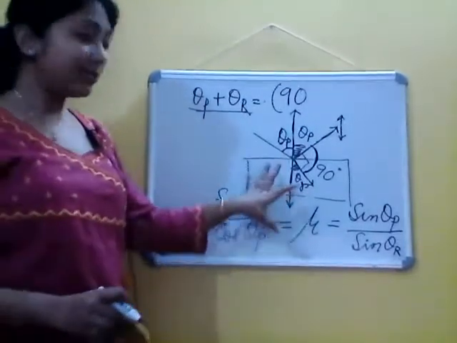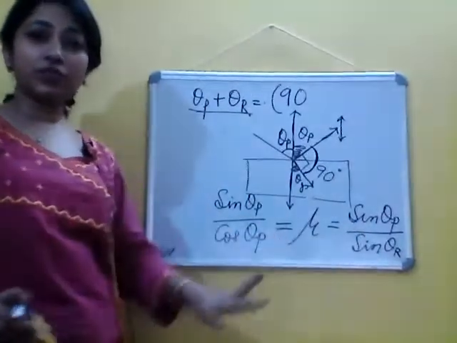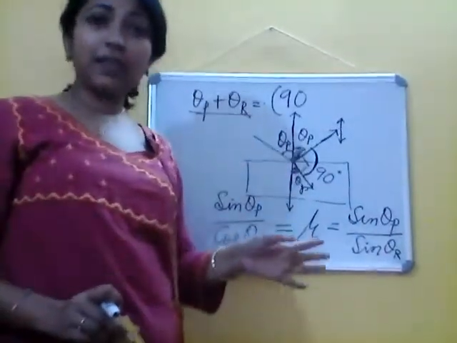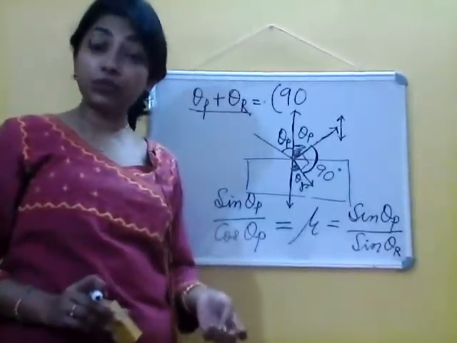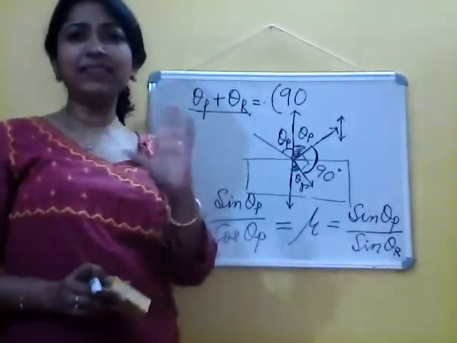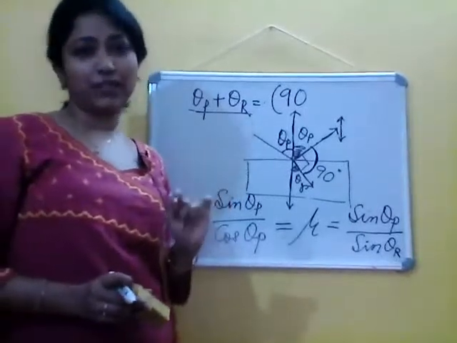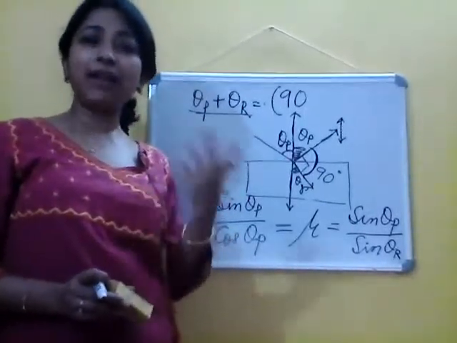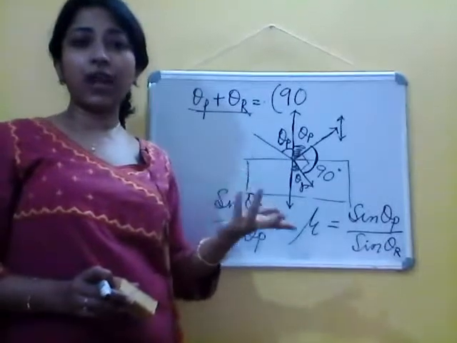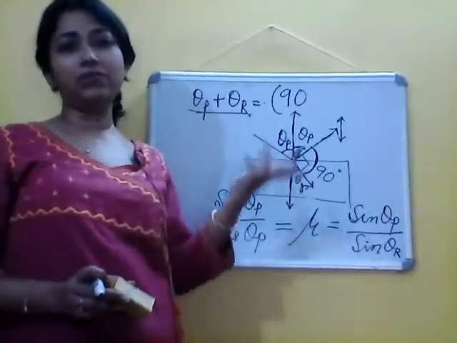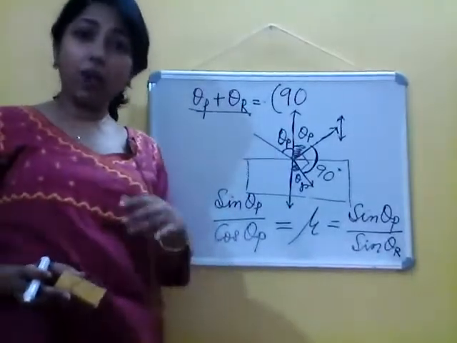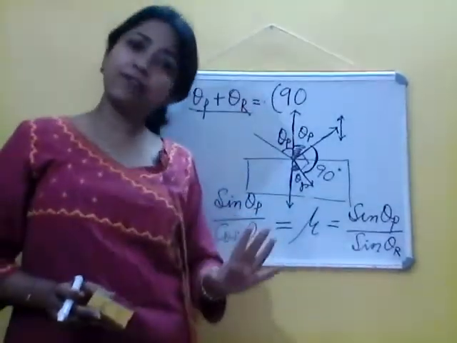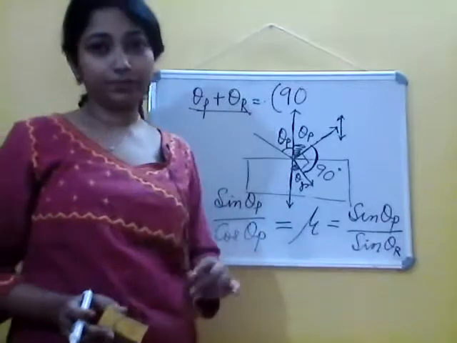So I hope all of you have understood Brewster's law. Proof of this can be given. You may be asked to write down or state Brewster's law, and there can be small numerical problems as well. Say I will tell you that the refractive index of glass is 1.53. Calculate the Brewster's angle, and so on, and maybe a little more complicated numericals as well that we will be doing later on.